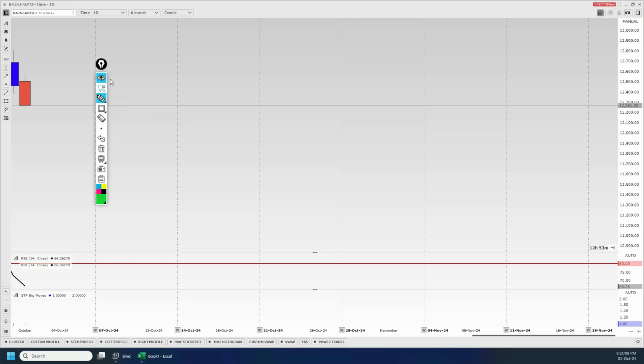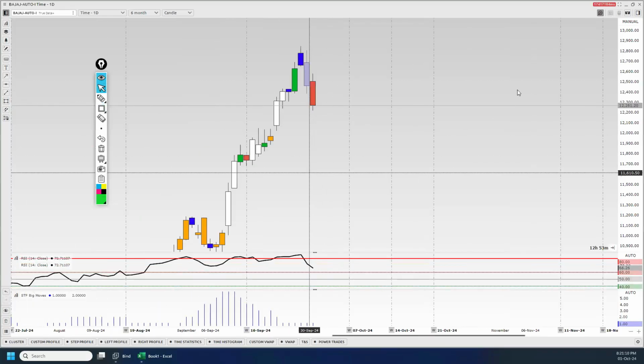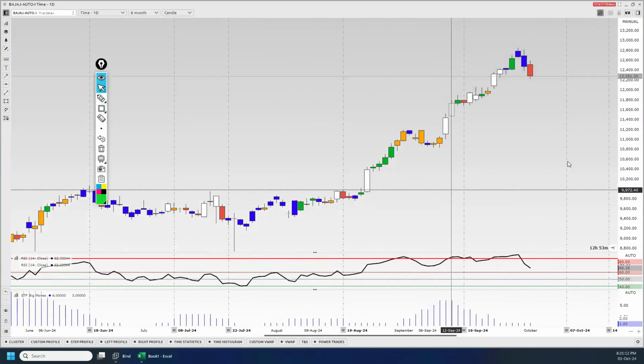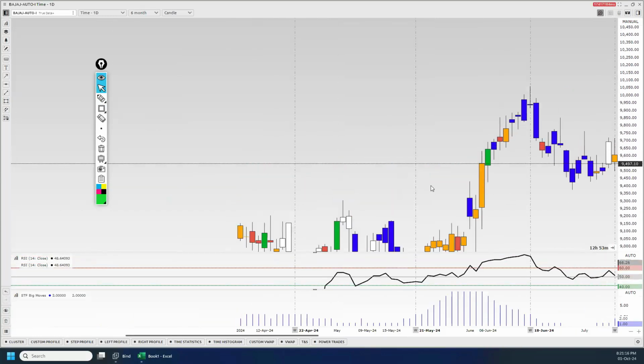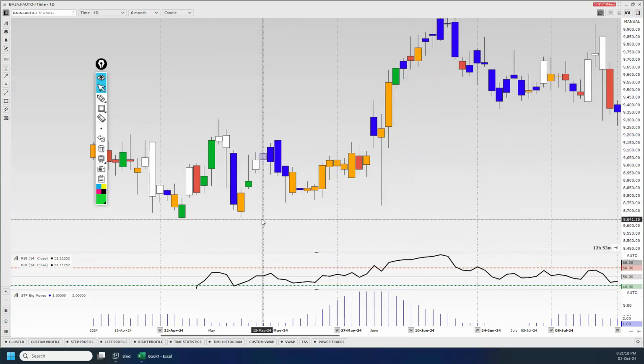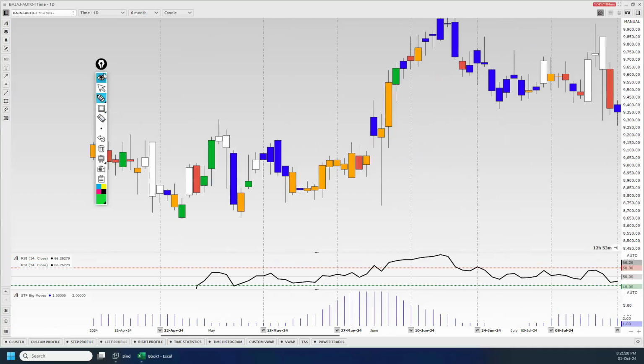Now we will see an earlier pattern, where this trend formed and how nicely you would have been able to catch it. Let's see here. If you see here, this formed, but it broke the level.